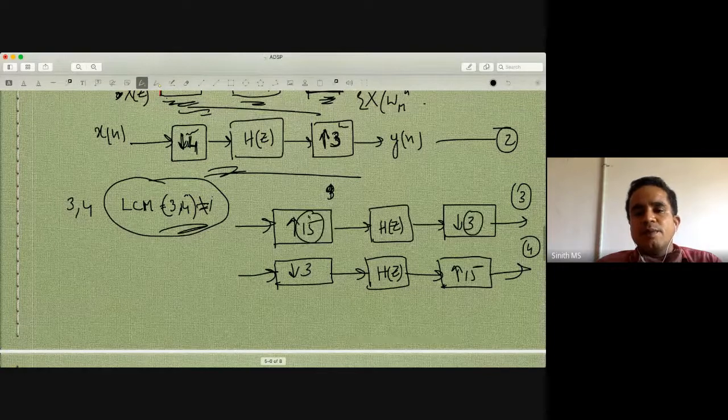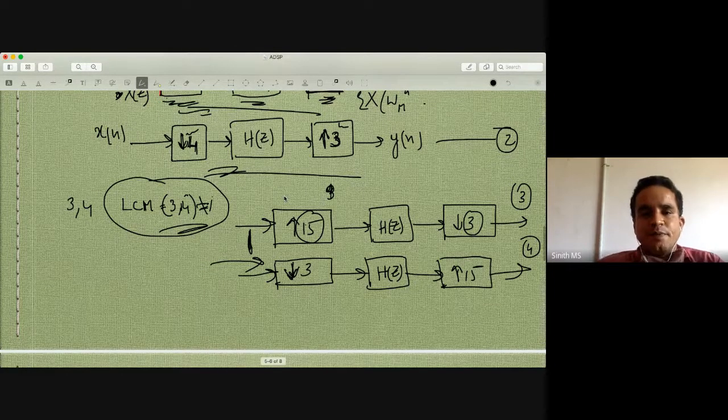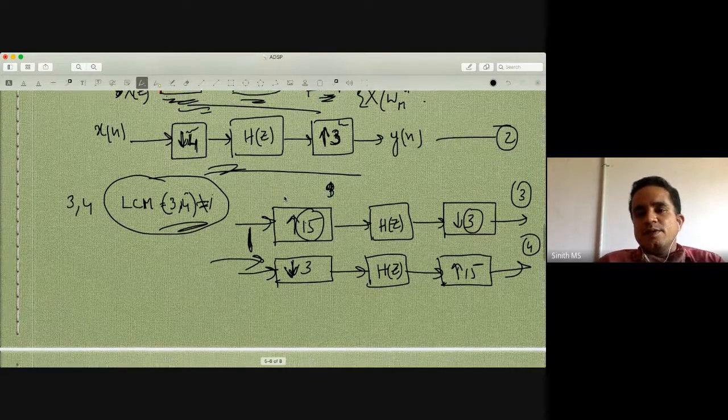If you do upsampling by a factor of 15, then pass through the filter and then do downsampling, you probably may not lose as much data as in this case, because first you are doing a downsampling by a factor of 3. That will cause a lot of data loss, and upsampling by a factor of 15 may not compensate for that. So these two are not the same, because 3 and 15 have a common factor which is not 1. So is that clear?